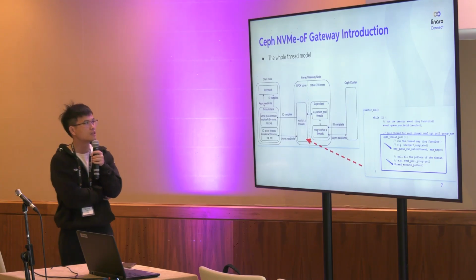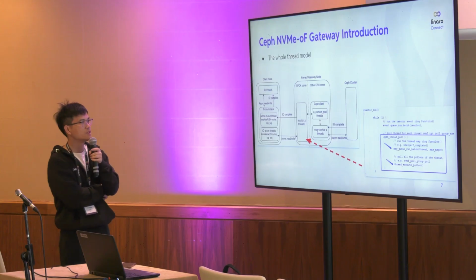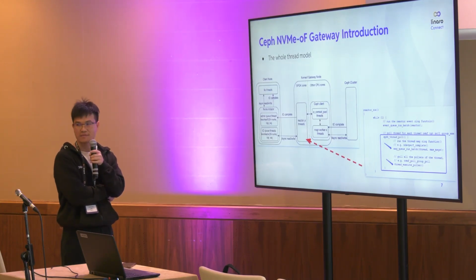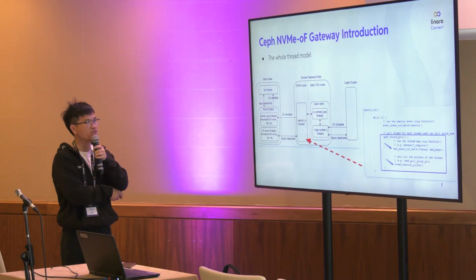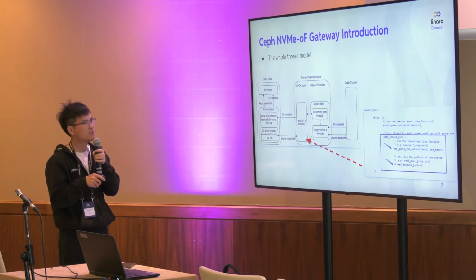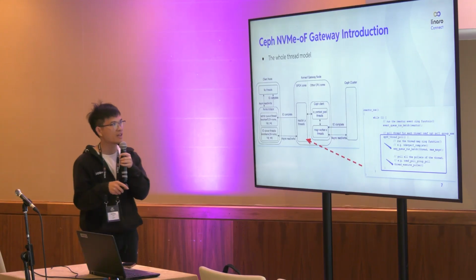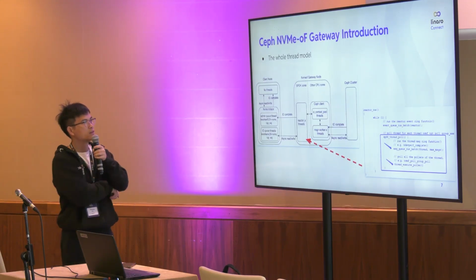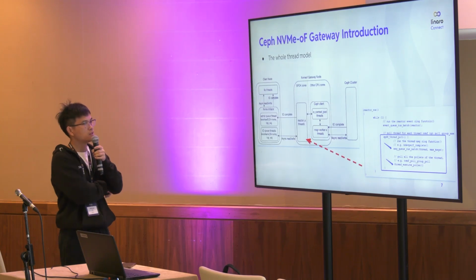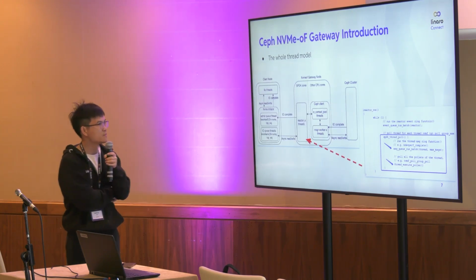And in the gateway node in the middle, you will see some reactor threads, which I mentioned before. They run on the SPDK cores, and there are also some Ceph client threads, which run on other CPU cores.